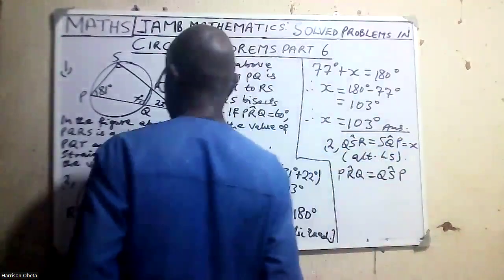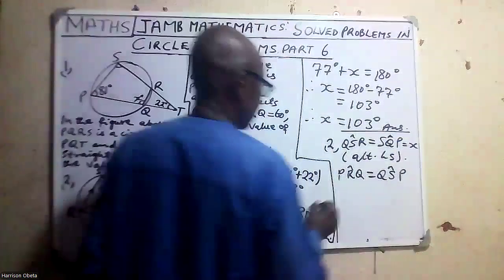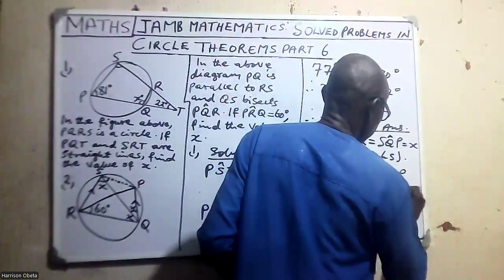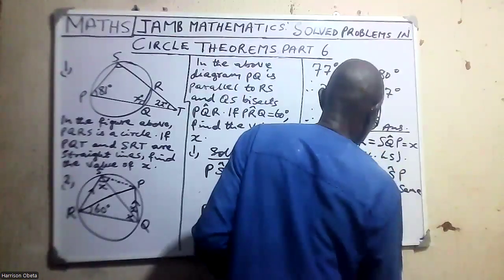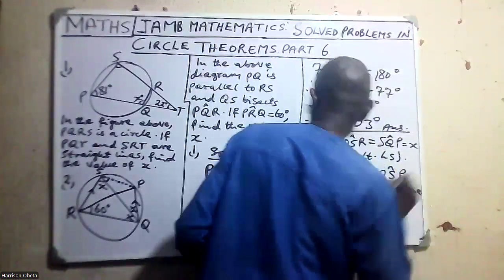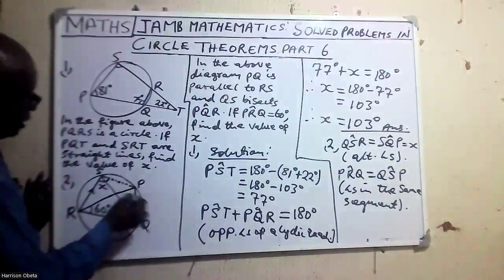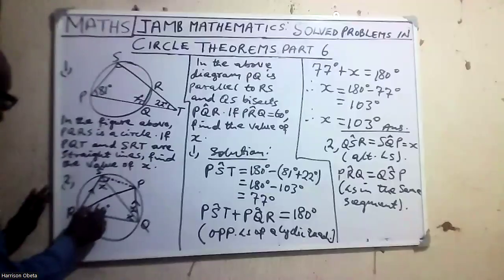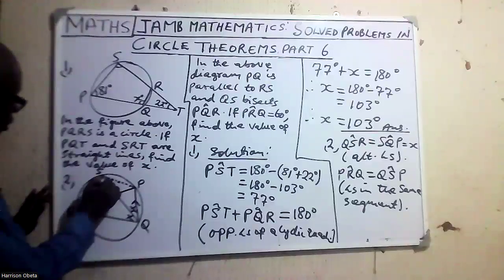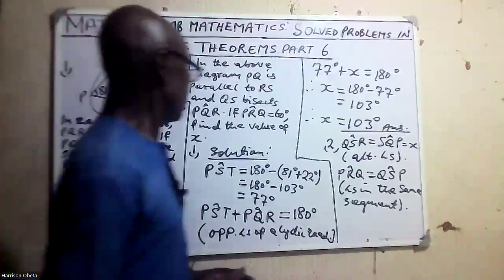The reason: angles in the same segment. If you check, you discover that this is a segment and this one is a segment. So the angle here must be equal to this small angle. So if this is 60, this is 60.